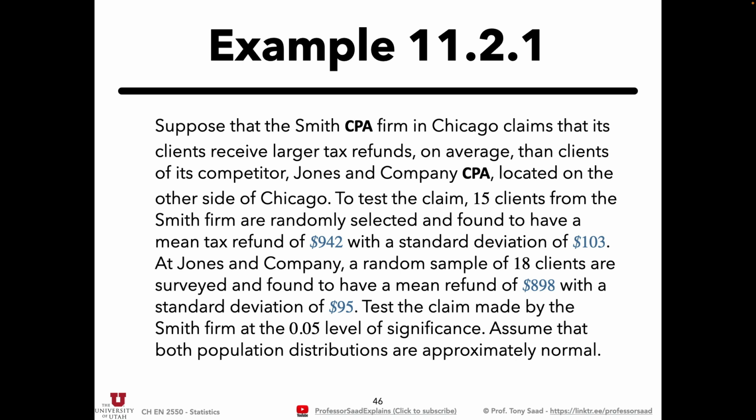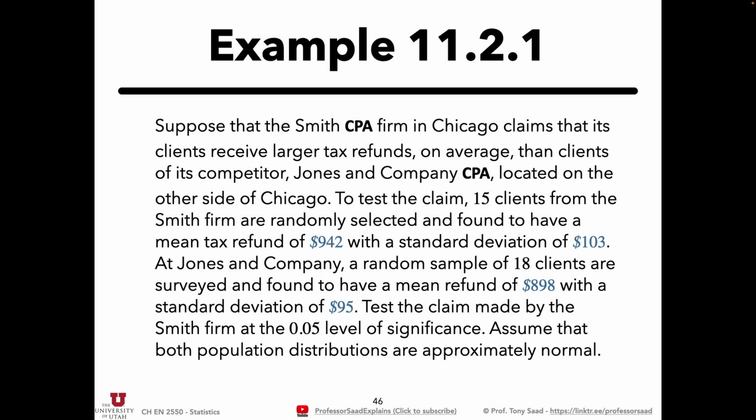Okay? So now for the null hypothesis, before I start with the null, I start with the claim. It's easier for me to start with the claim that Smith Company has a larger tax refund. So if we call Smith Company population 1, then mu1, the mean tax refund for Smith Company, is greater than the mean tax refund of Jones Company.